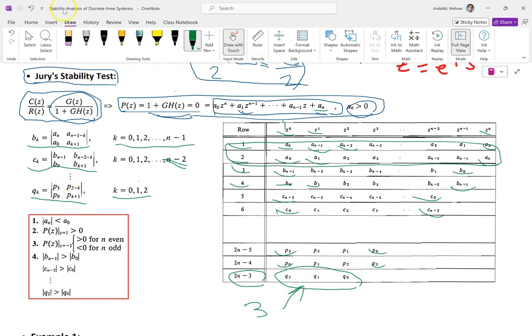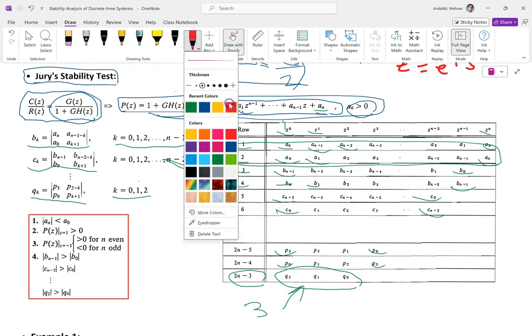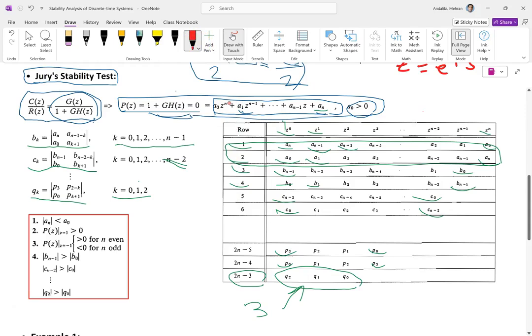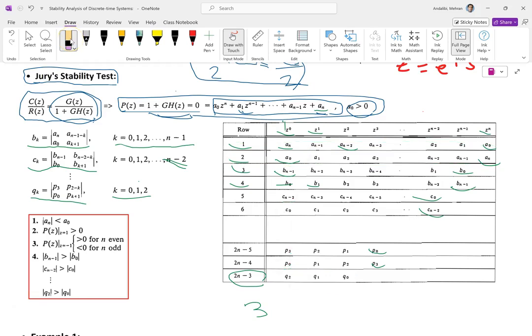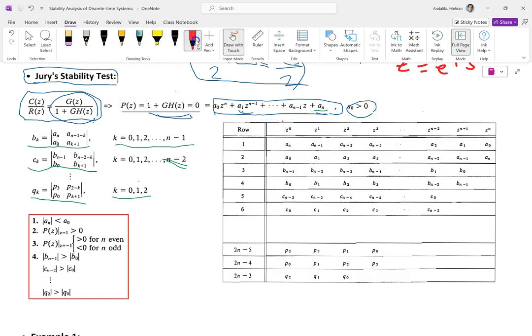Now, let me show you something that might help you remember this formula, because the way it is written, it might not be as clear. Let's go to the table. What is bk?